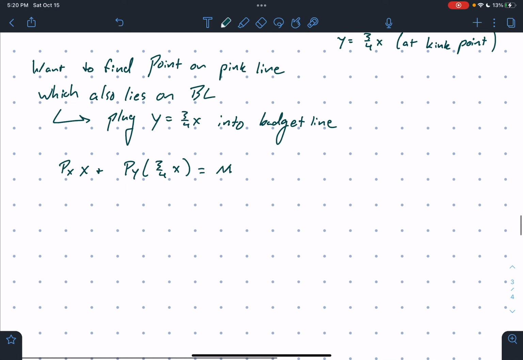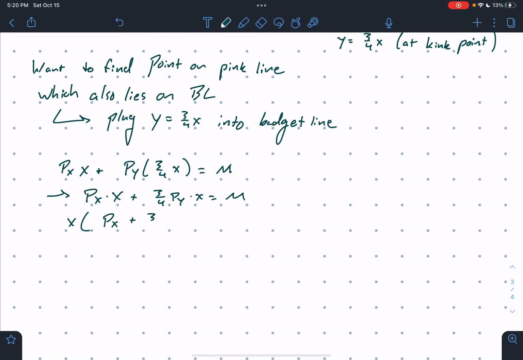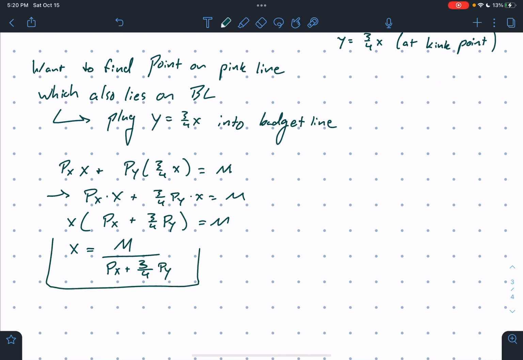If we rearrange this, we get px times x plus 3/4 py times x equal to m. If we factor out the x, we get x times (px plus 3/4 py) equal to m. So x is equal to m over px plus 3/4 py. This is our optimal consumption of x for a given income, price of x, and price of y.